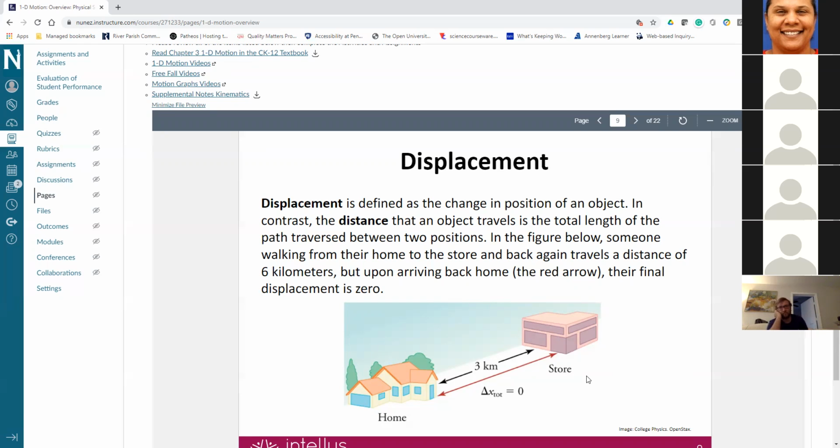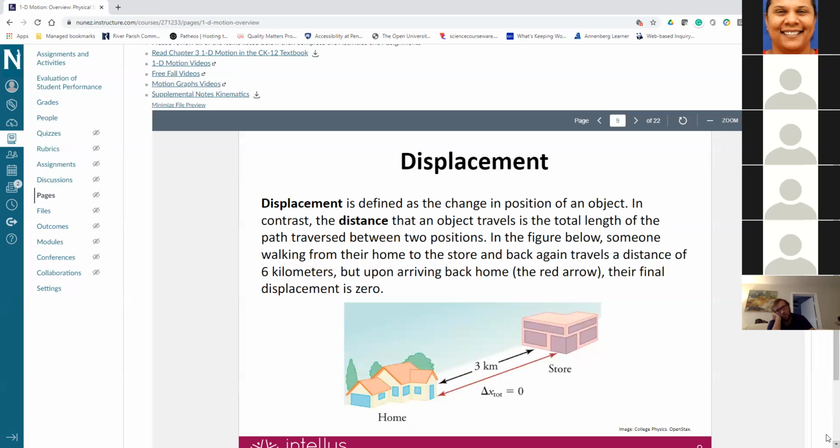Be careful that you are explaining the property that is being asked for when you describe a moving object.